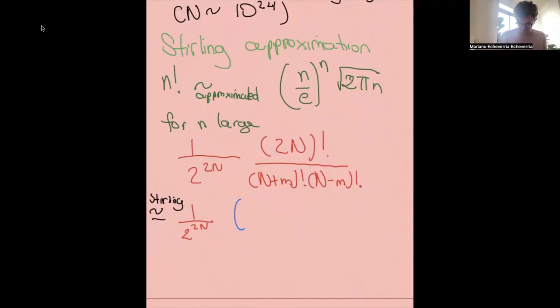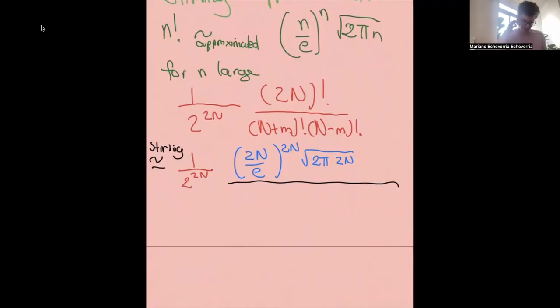So you get 2n over e to the 2n times root of 2 pi times 2n. That's what the numerator gives you. And then you're dividing this by each of the other ones. So the first factor becomes, let's use a different color here, n plus m over e to the n plus m times root of 2 pi (n plus m).